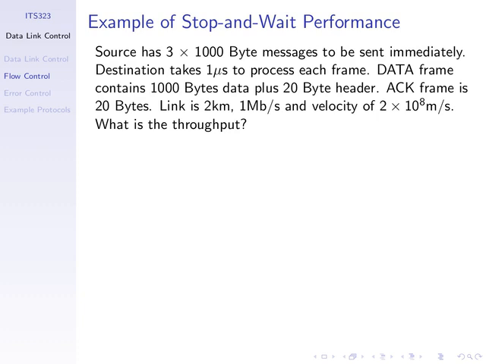What is the name of the protocol we're talking about? Simple question. What's the name of the protocol we're talking about? Some type of flow control protocol. What's its name? No. What's the name of the protocol? Stop and wait.